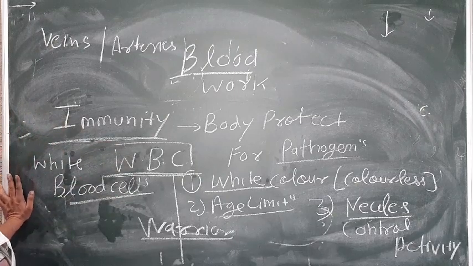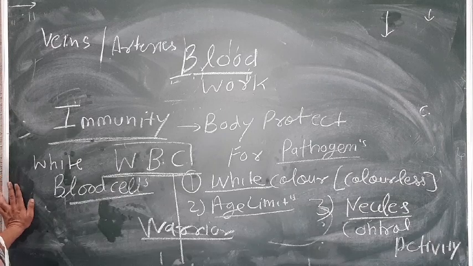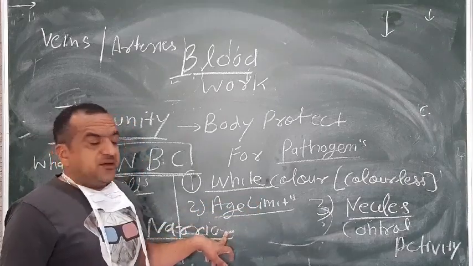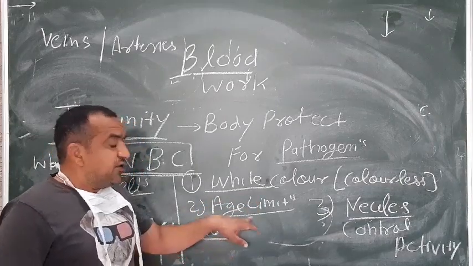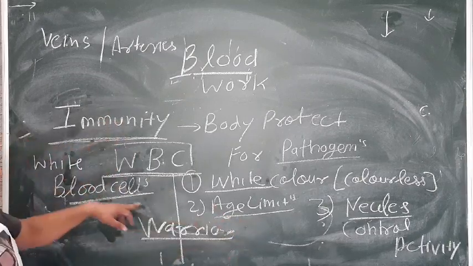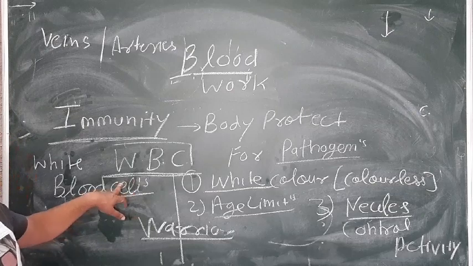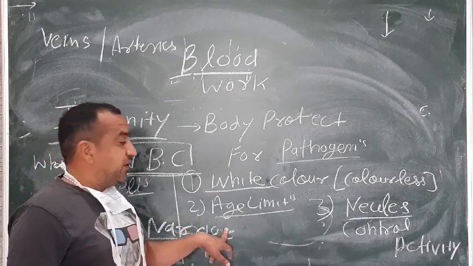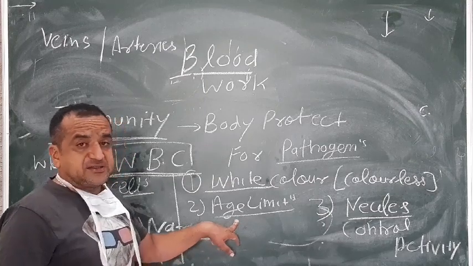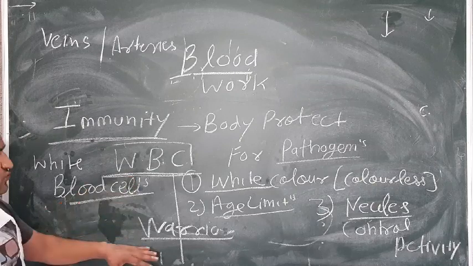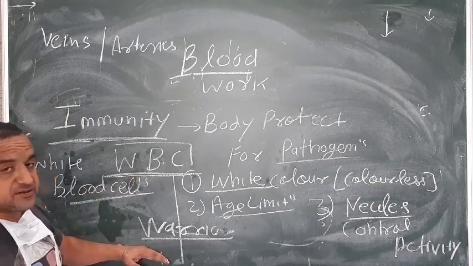WBC is known as white blood cells because it is colorless. It has no age limit because whenever foreign particles do not enter our body, WBC does not fight, and if it does not fight, it does not die. But when foreign particles come in our body, it fights against them and is destroyed. It is known as the warrior.